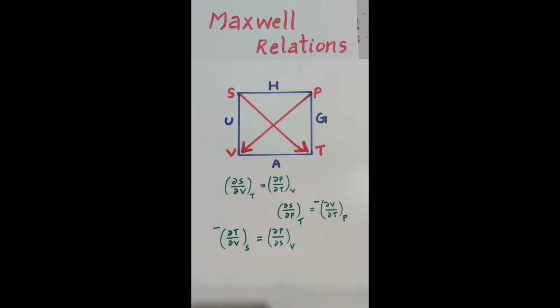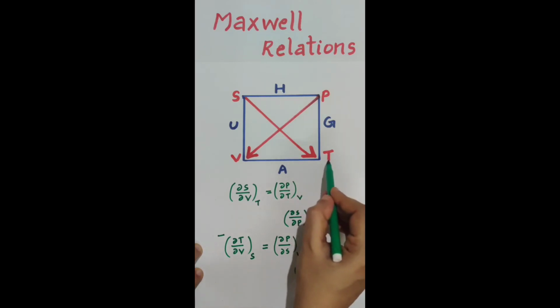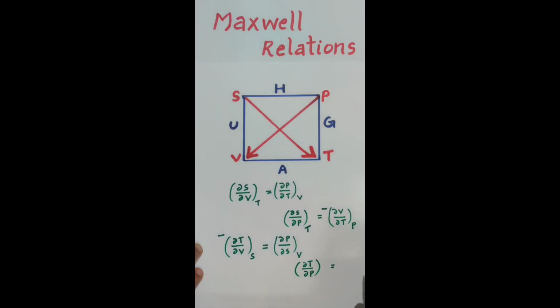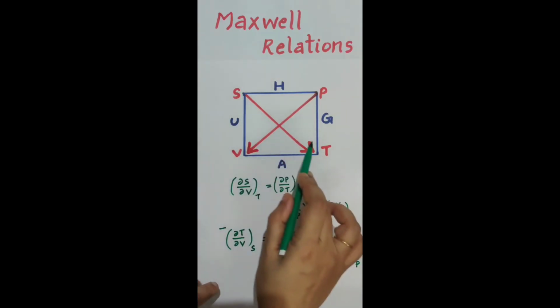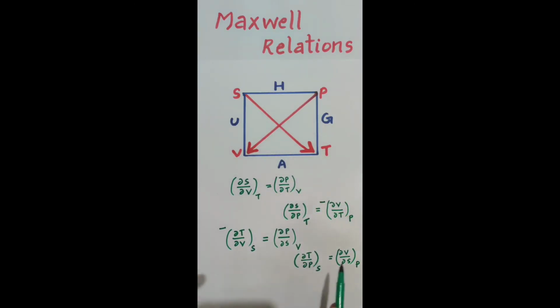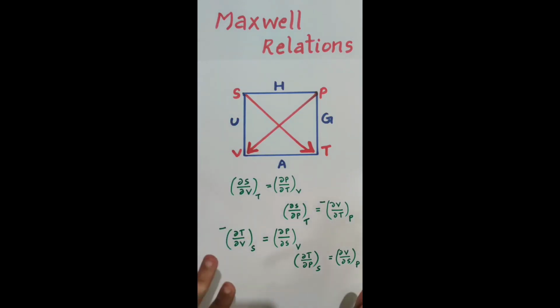Next we are writing the last relation, that is dou T by dou P equal to dou V by dou S. Now we have to write the constant terms: opposite to T we have S, and opposite to V we have P. Lastly we have to express the sign. Here the arrow is towards the temperature, hence we write a negative sign, and the arrow is towards V, so we write a negative sign; negative of negative cancels out.